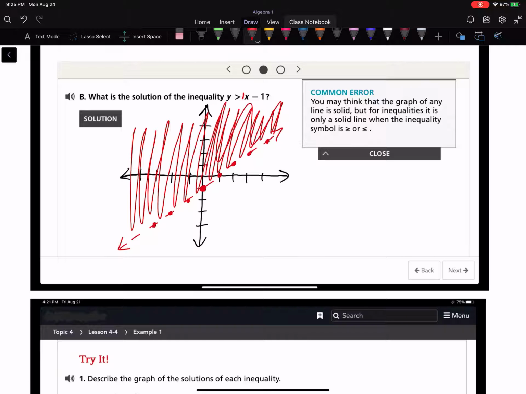Besides being dashed and shading above, this one's also different because all the points on the line would not be solutions, because it is a dashed line. None of the points on the actual line would work, but all of the points above in this reddish part are solutions. As long as it's in the shaded part, it is a solution.